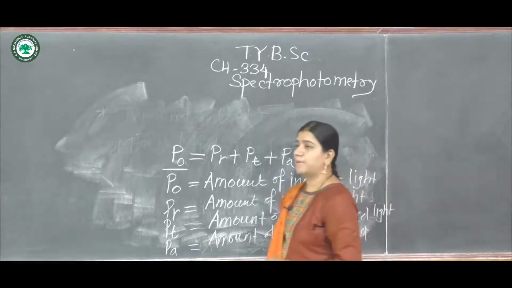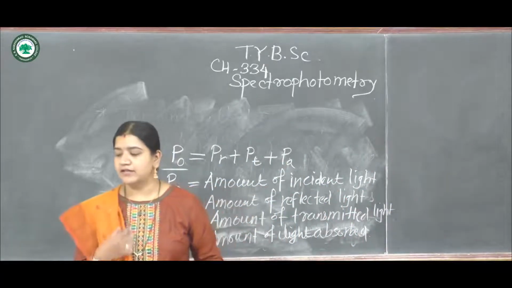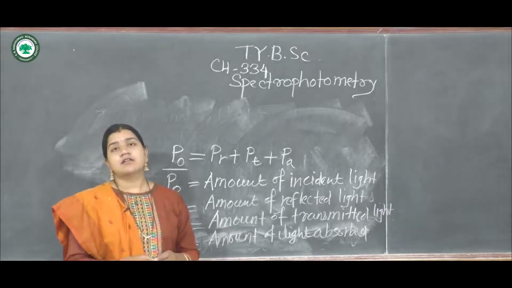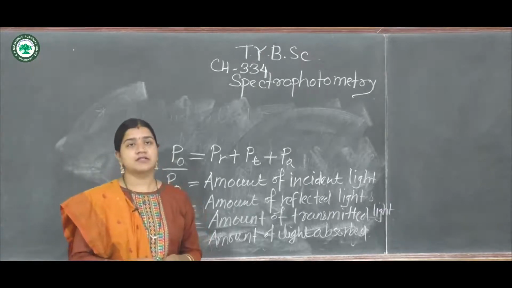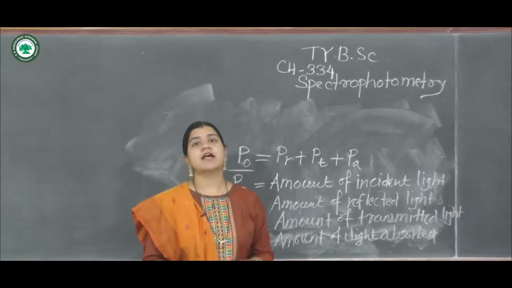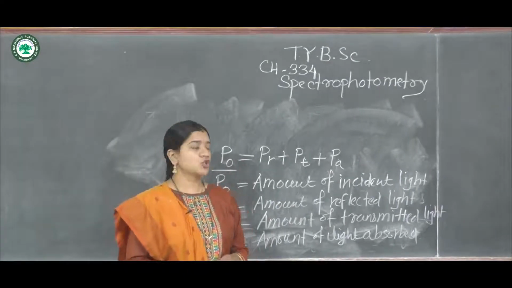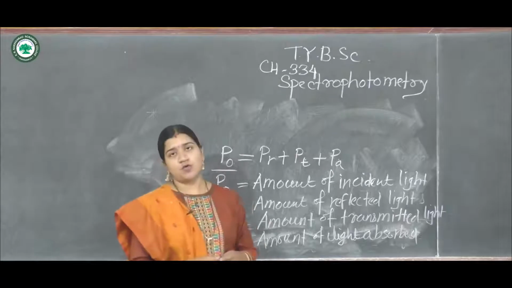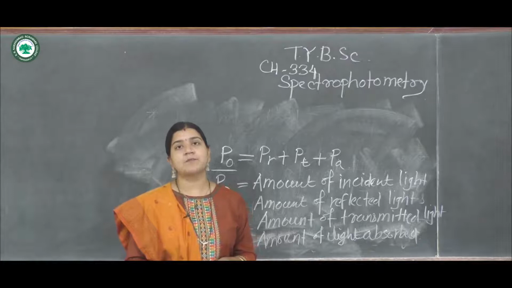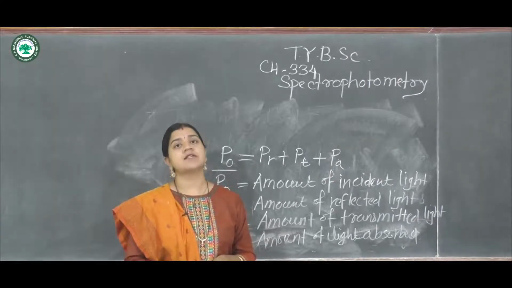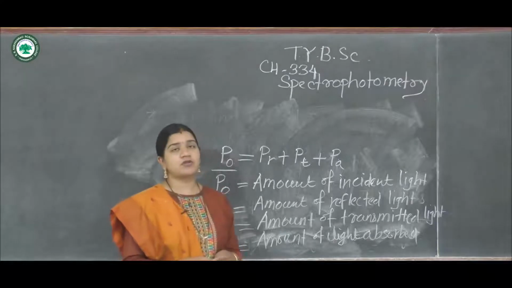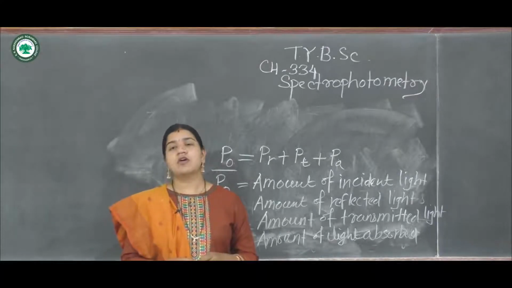So when a beam of monochromatic light falls on any medium, some part of the incident light is reflected, some part is transmitted and some part is absorbed. The P0 amount of incident light is the sum of PR plus PA plus PT, that is the amount of light reflected, transmitted and absorbed.